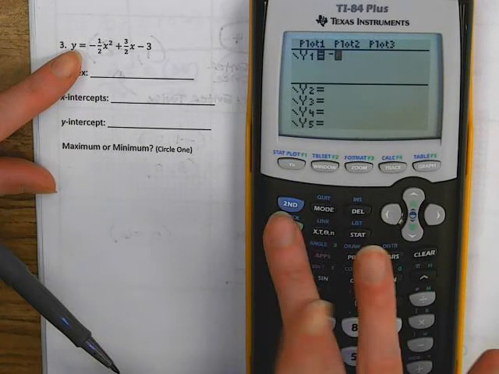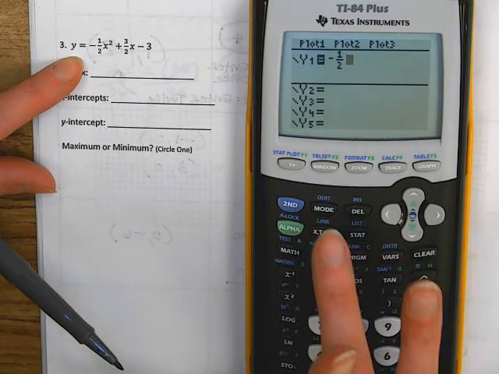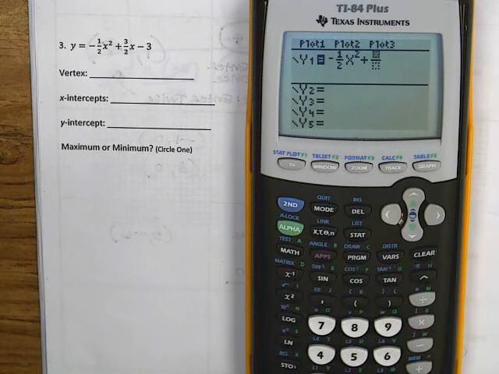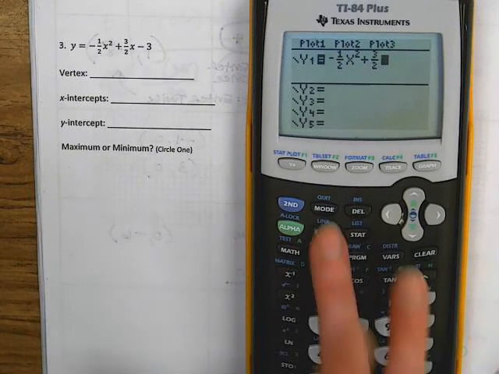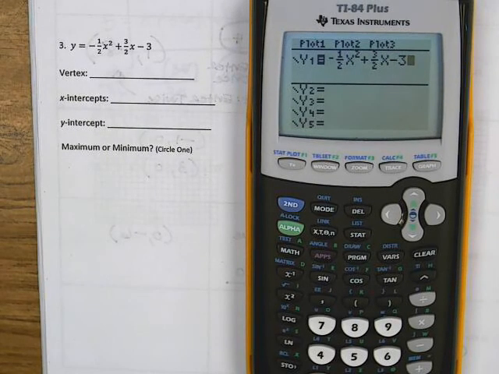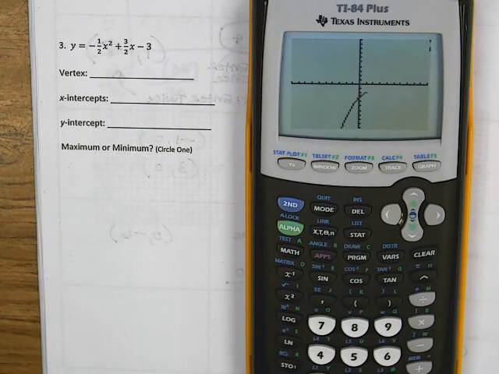Negative 1/2 x squared plus 3/2 x minus 3. So get that typed in and then hit graph. Oh, we got lucky on this one.